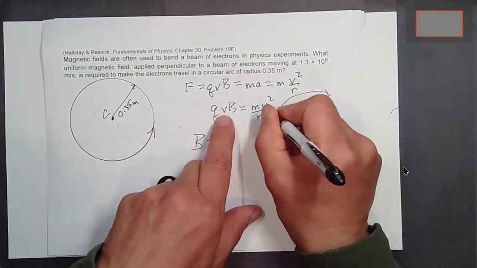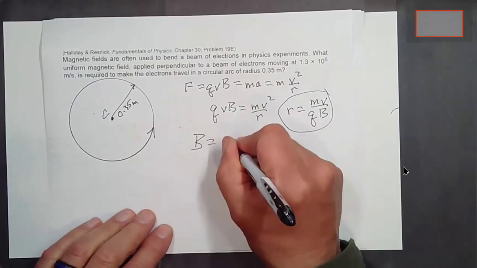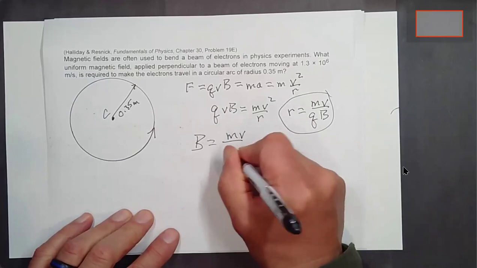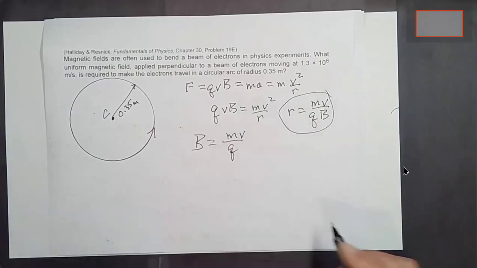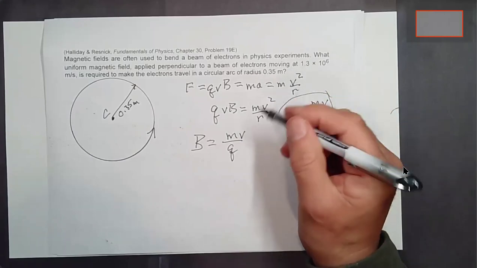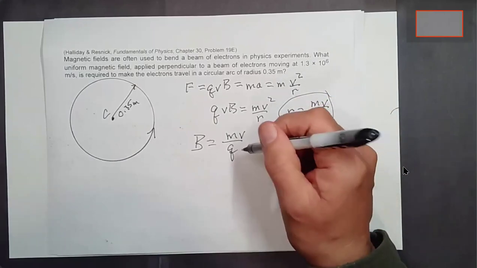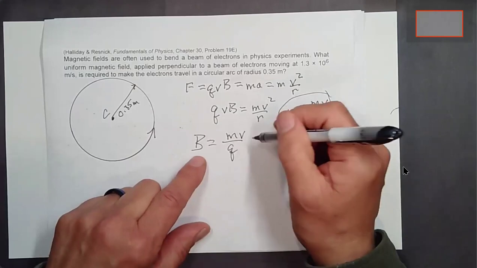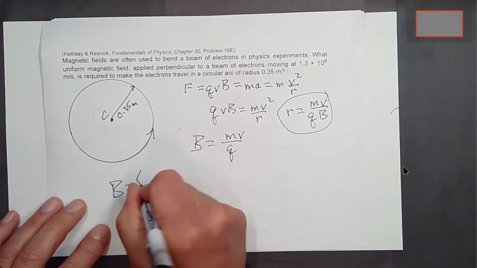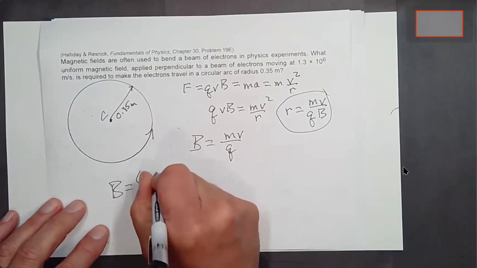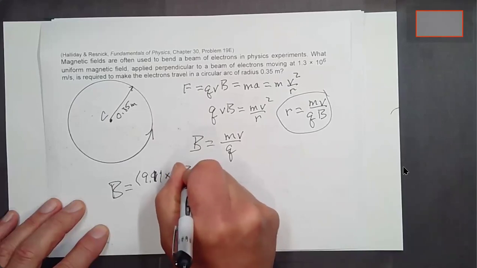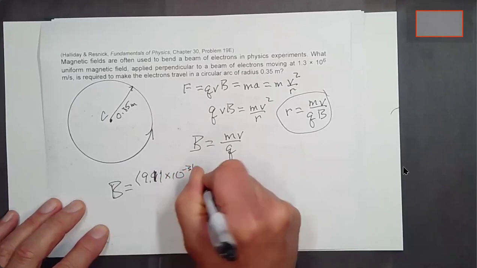I can divide a V out of both sides, and I'll have MV over Q, I think. Is that going to work? Let's see. I think it will. Let's plug in the numbers and see what happens. Electrons again, 9.11 times 10 to the minus 31 kilograms.